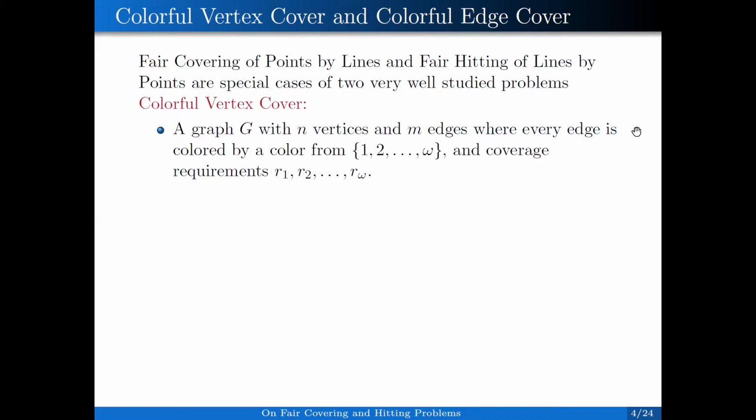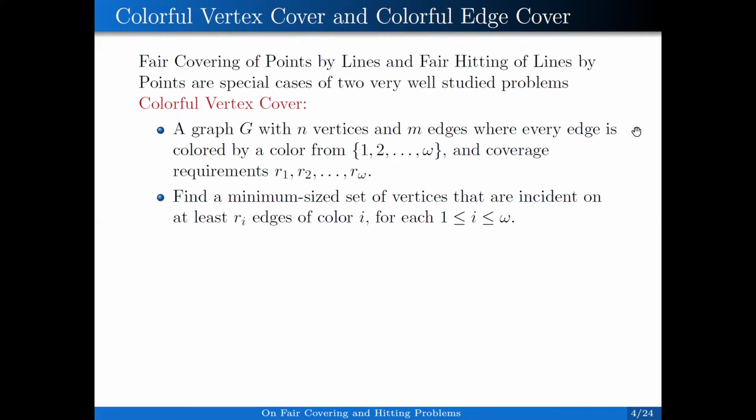To formally define the colorful vertex cover problem, we have a graph and each edge is colored by a color, and again we have coverage requirements, and then the goal is to find a minimum sized set of vertices which covers at least Ri edges of color i.